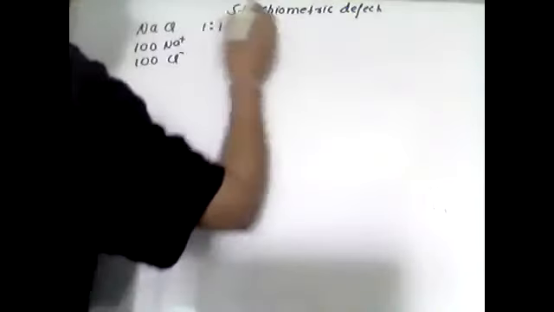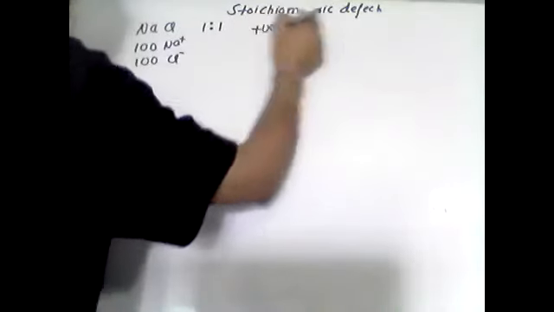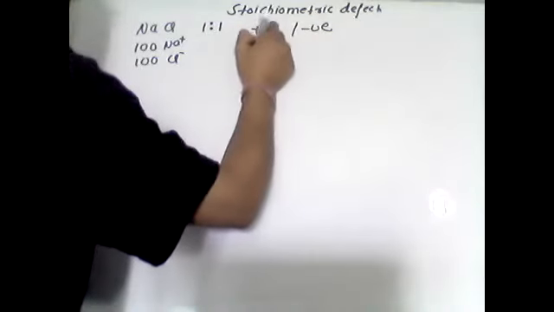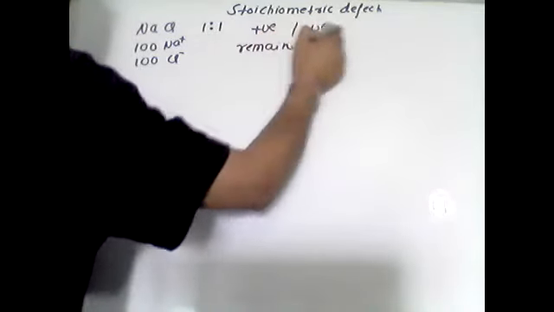Now a defect is created. First type of defect, the stoichiometric defect, is created when the temperature increases. After the creation of the defect, still the ratio between the cation and the anion will remain 1:1.